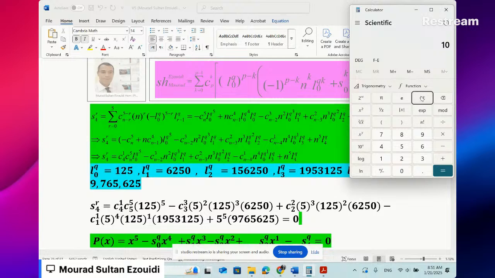The next is 10 multiplied by 25 squared, is equal to 10, yes, this one.